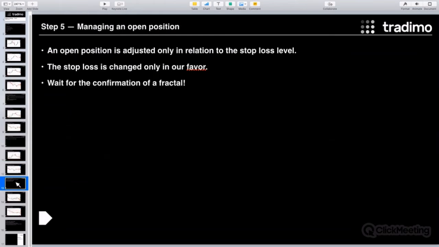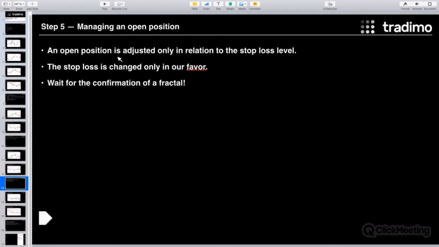Okay, then let's continue with step 5, managing an open position. And an open position is adjusted only in relation to the stop loss levels. Of course, if we are in a trade, then we cannot change the entry level because we are already in the position, and the take profit level is also fixed and we cannot change that anymore.